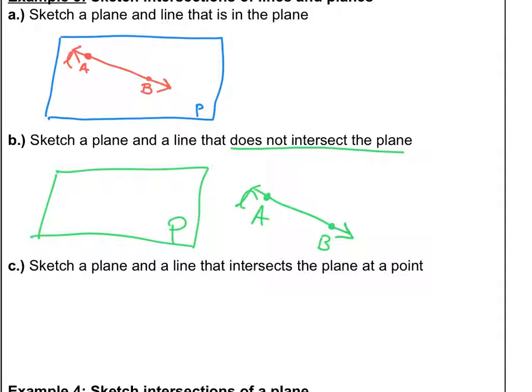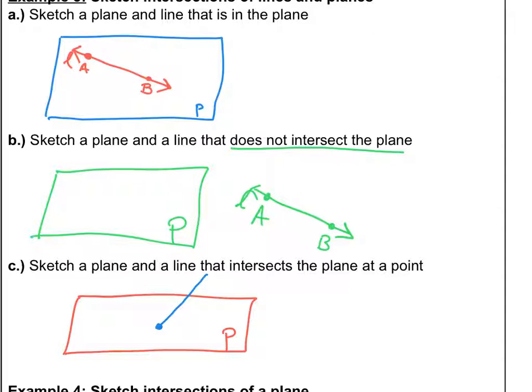And then finally, sketch a plane and a line that intersects the plane at one point. So again, I'm going to draw my plane, plane P. Then I'm going to draw my line. I've got to make it look like it's going through that plane. So I'm going to make it intersect at that point right there.